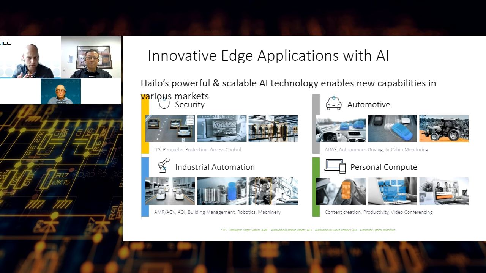So that's a few concrete examples where we're seeing AI. Now I'll turn it over to Charlie, and I think he'll go through some of Advantech's view of edge AI and examples therein.